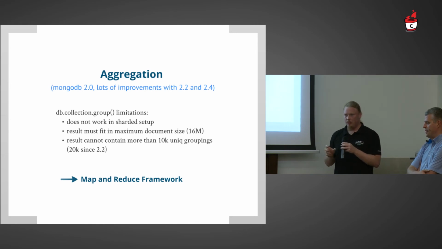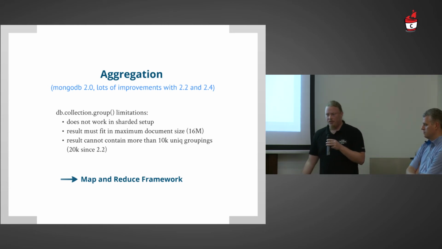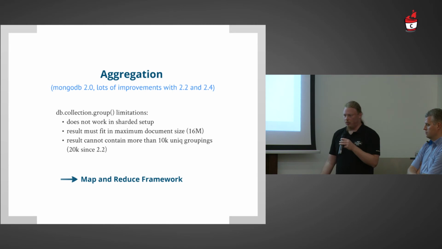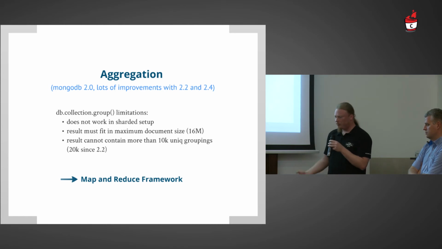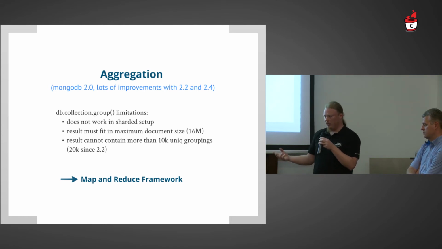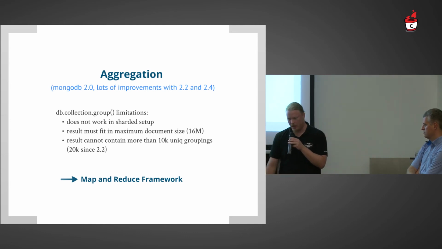because this only works if you're talking to a single shard. And so for us, in the long run, this would not work out. Also, we pretty quickly ran into the 10,000 unique groupings limit you could have. But yeah, the main problem was that it did not work in a sharded setup.